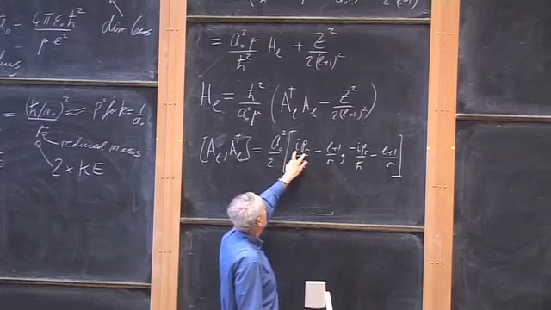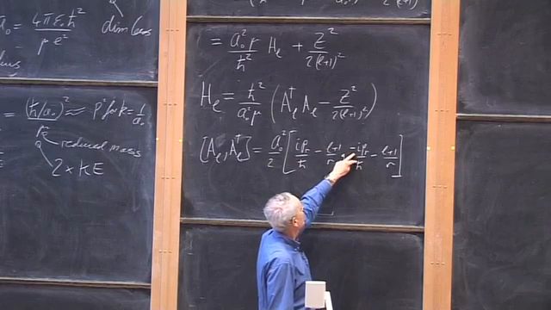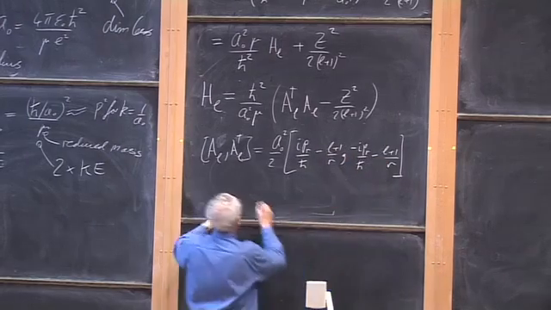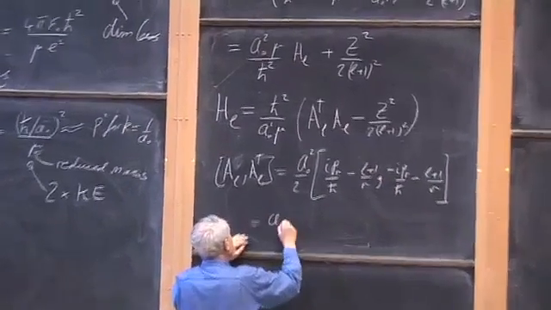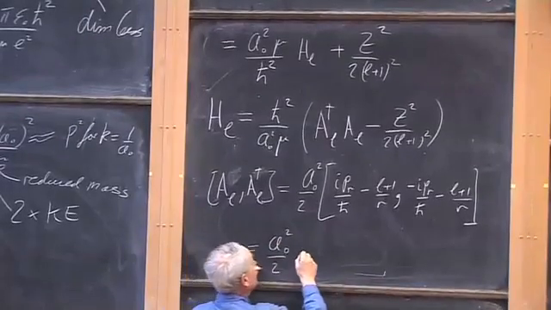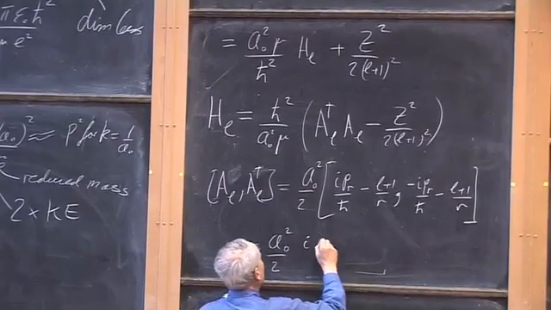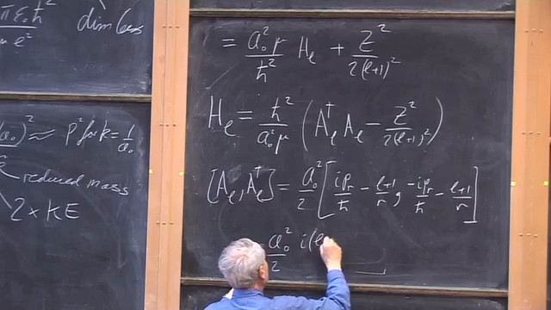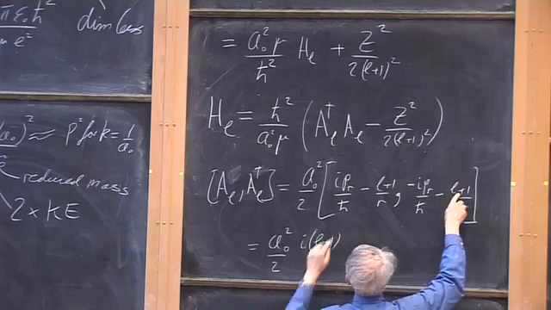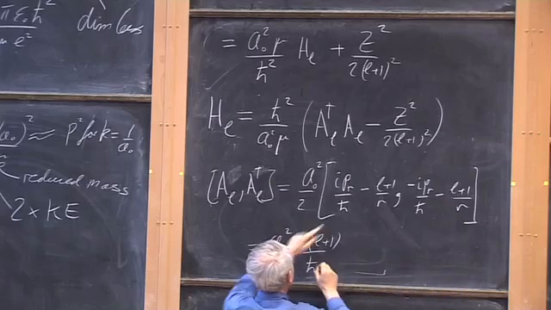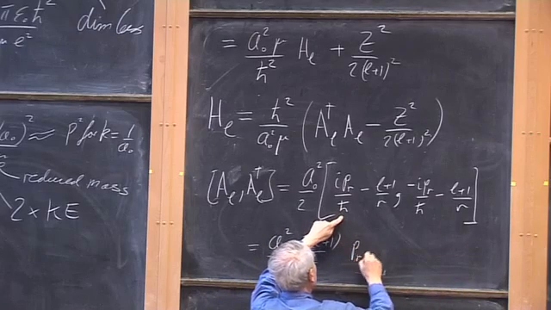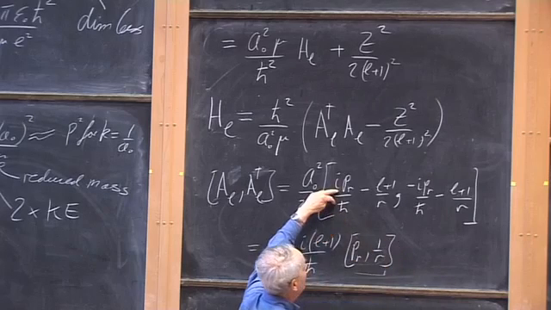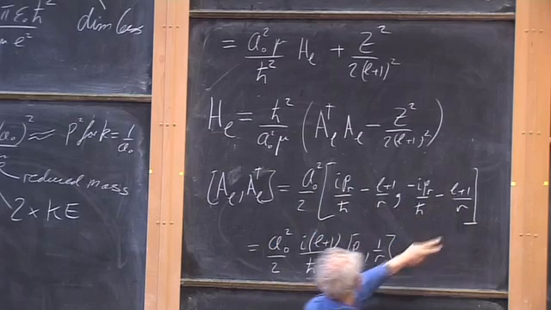Obviously, p_r commutes with itself, nothing doing there. p_r, on the other hand, does not commute with this, so we are going to get a0 squared over 2, i, (L+1) over h bar, the commutator of p_r with 1 over r. I get that from that, or at least live in hope that I do.